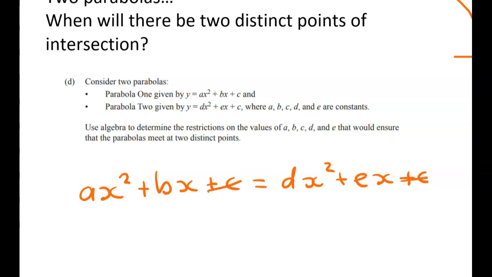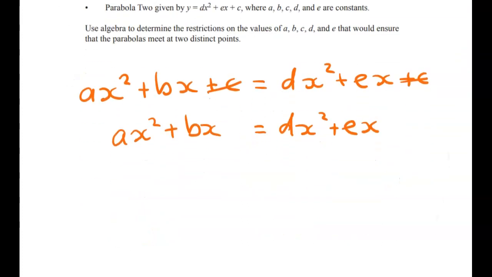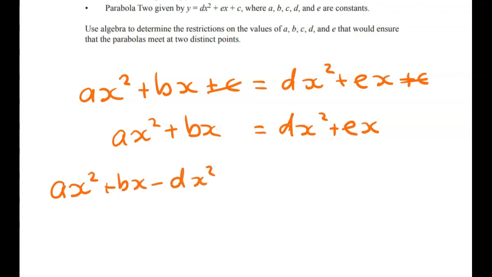I'll start by subtracting c from both sides. That leaves me with ax squared plus bx is equal to dx squared plus ex. What I did next is I collected up all my like terms. So I had ax squared plus bx, take away dx squared, take away ex equals 0.